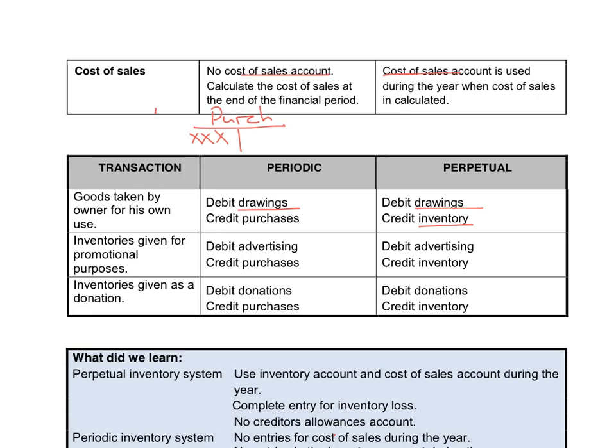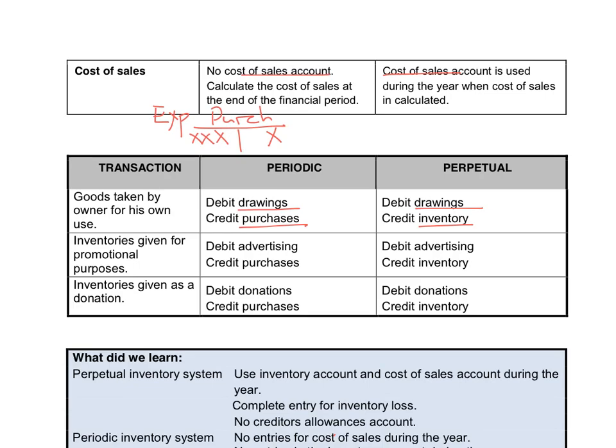This purchases account is an expense for the business. If the owner takes goods for his own use, it means that we have to reduce this expense for the business because now they are not using those goods to make a profit. And therefore, you will credit the purchases account that will actually reduce your expense.